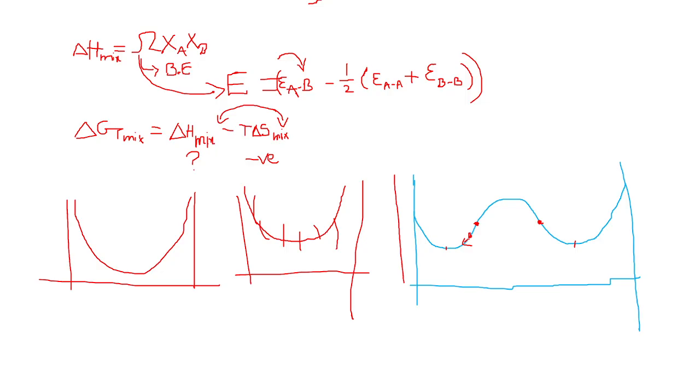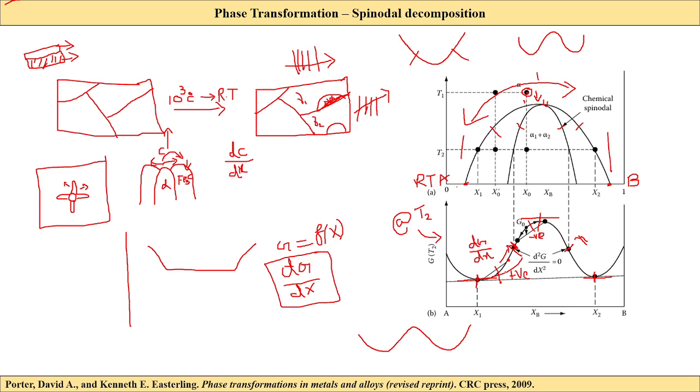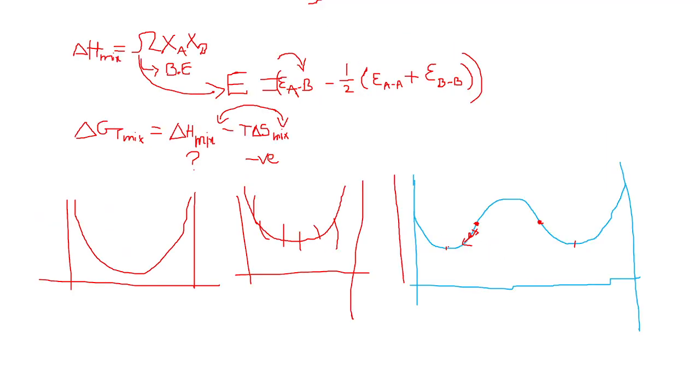We will end up with these two compositions, just like I have shown before. Now if I draw a common tangent here, it will look like this. This common tangent will touch these two extremities, right? So it will touch here and here.